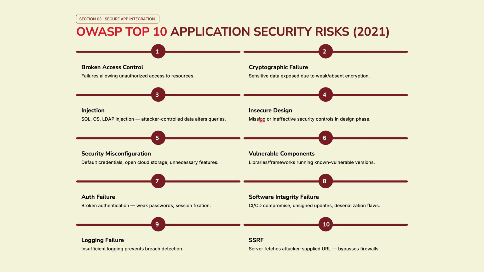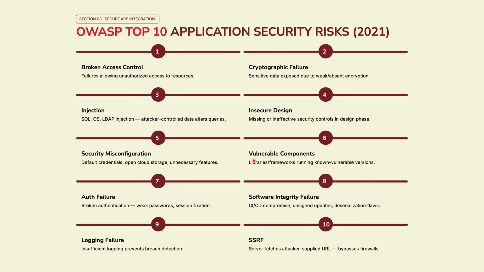Now, insecure design, emphasizing that security flaws baked into the design phase cannot be fixed by perfect implementation. Number 5, security misconfiguration covers default credentials, open cloud storage buckets, unnecessary features enabled, and missing security headers.